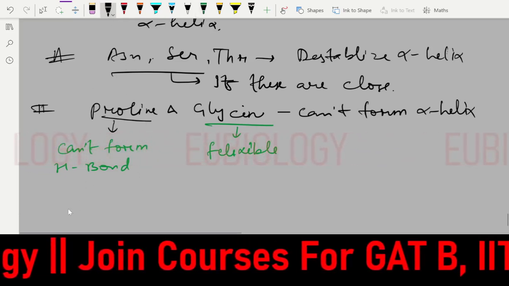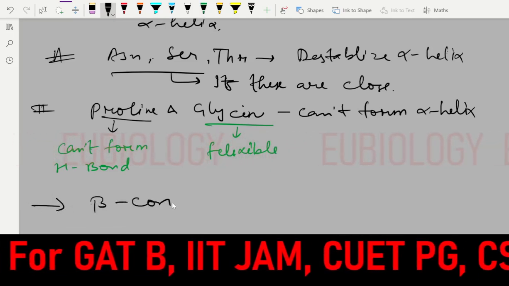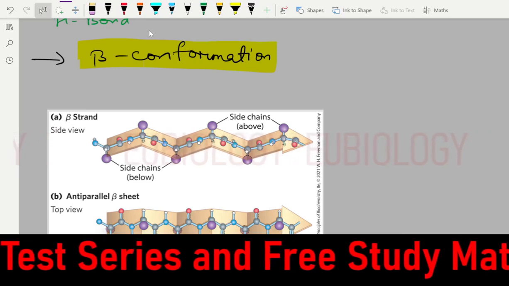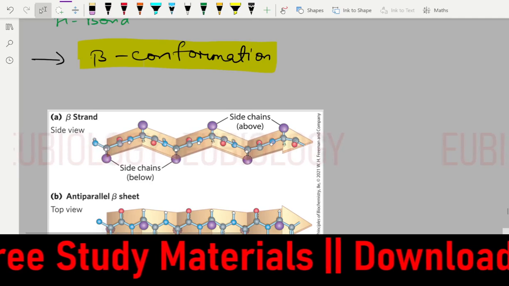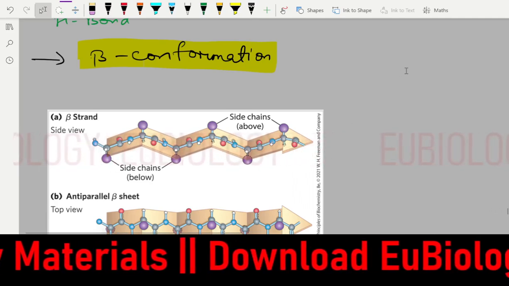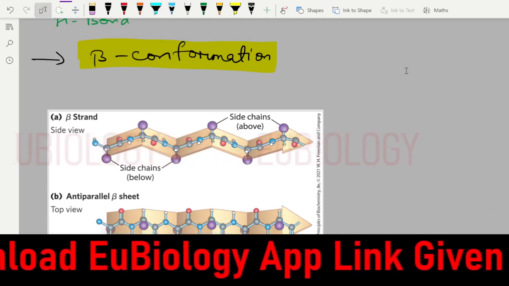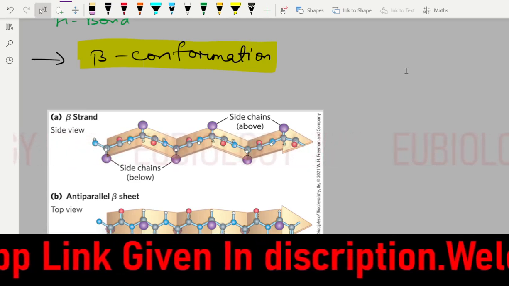Now we are going to see the beta conformation. If you see, the beta conformation is again a repeated sequence of amino acids, but not in a proper helical fashion; it is in a zigzag manner.